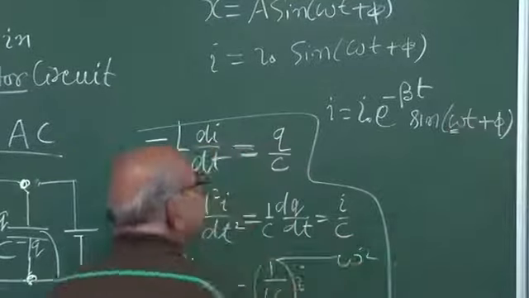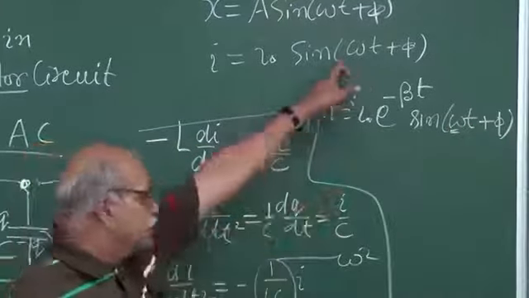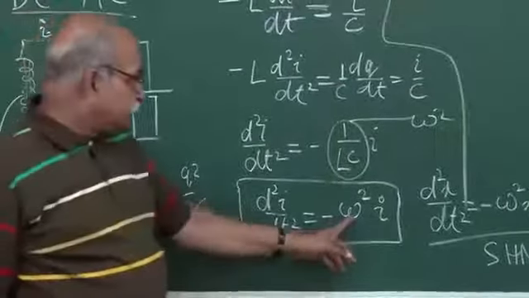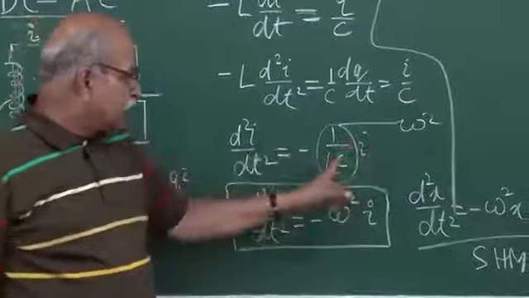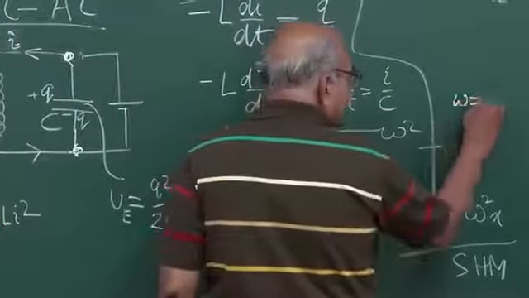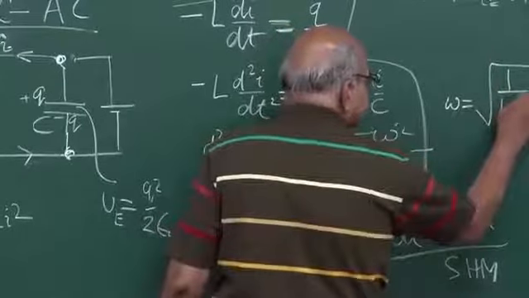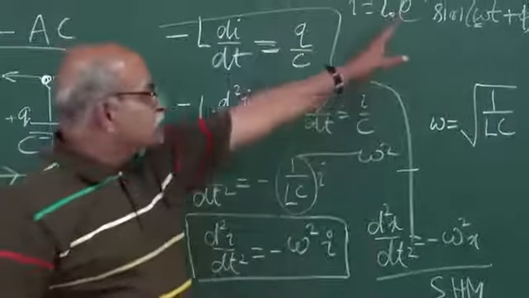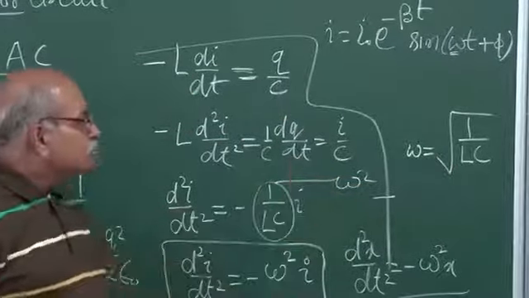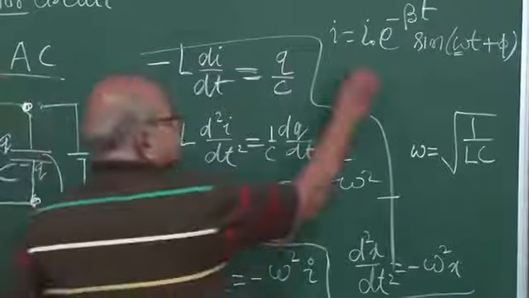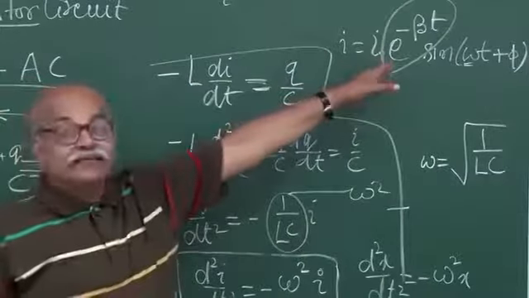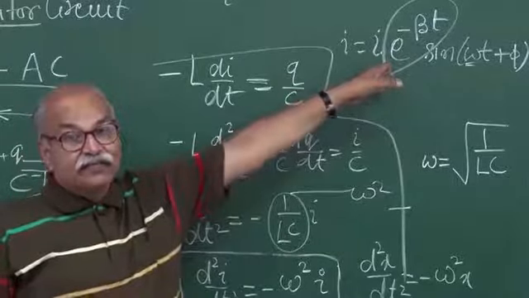This omega is slightly different from the earlier omega. What is omega? Omega squared we have written for this, so omega is the square root of 1 by LC. With resistance it could be slightly different, but nevertheless the important point is that the amplitude will decay as a function of time.